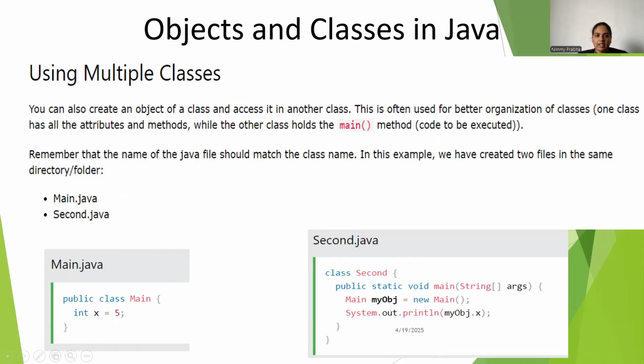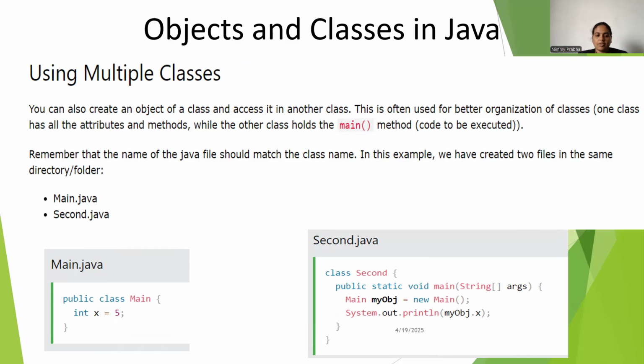Objects and classes in Java. Using multiple classes, you can create an object of one class and access it from another class. This is often used for better organization of classes, where one class holds all the attributes and methods, while the other class holds the main method. Remember that the name of the Java file should match the class name. In this example, we have created two files in the same folder, main.java and second.java.